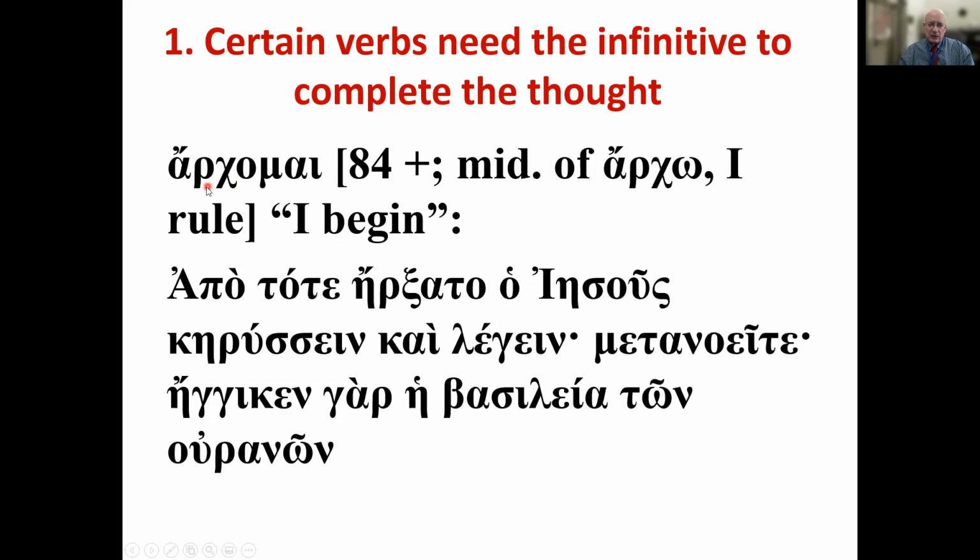Exato is the aorist of archomai. Jesus began. What did Jesus begin to do? The infinitive is needed to complete the thought of some verbs, like I begin. So that is one use of the infinitive, to complete the thought.